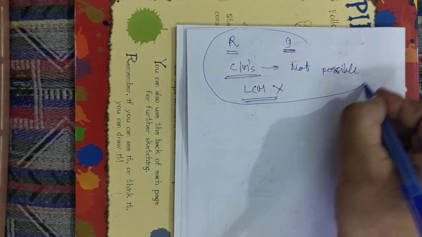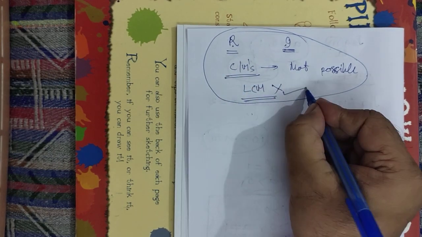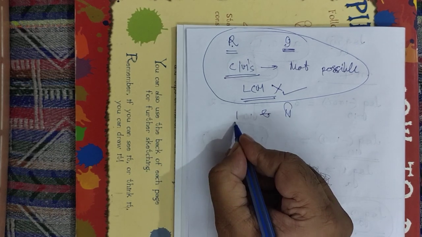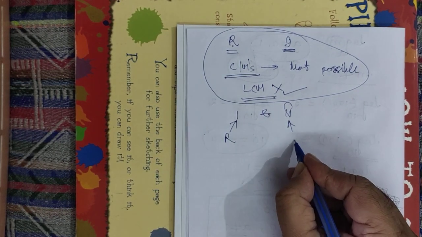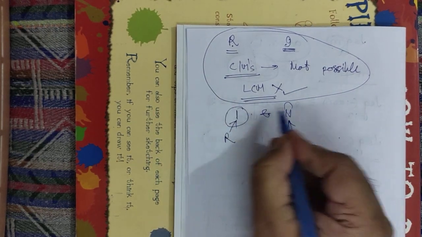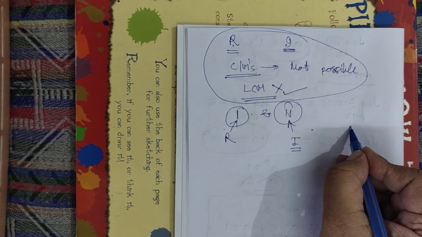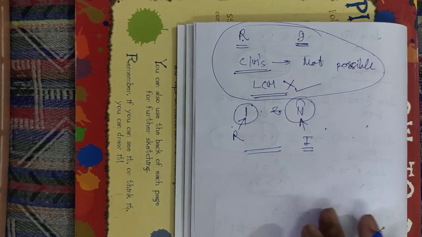This is the final conclusion. So between rational and irrational number, there is no LCM. Since between 1 and pi, this is a rational number and this one is definitely an irrational number. Since one is rational, one is irrational, common multiple will never exist, hence LCM will never exist. That's it. Now let us take up logarithm.